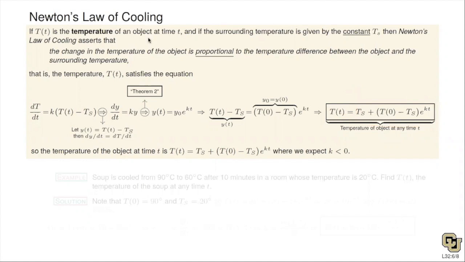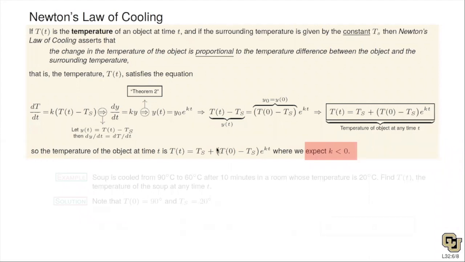And here I say I expect k to be negative. Why? Because after a very long time, as t goes to infinity, I expect the temperature of the object and the room temperature to be the same. For example, with the 2 bowls of water, when t goes to infinity, regardless of which bowl of water, the hot or cold, if you wait long enough, they'll both come down to the temperature of the room.